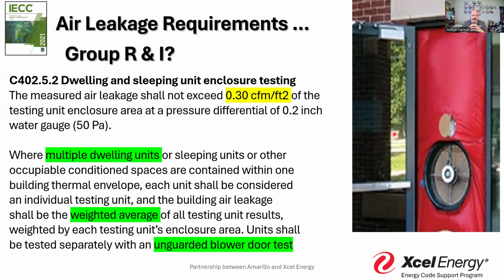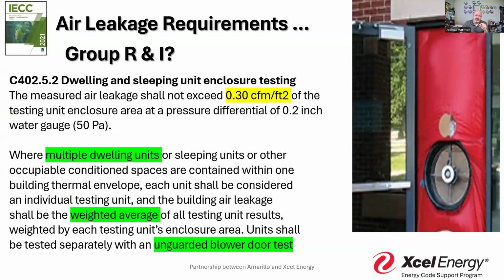And so they're going to have a little bit higher value, which means a little bit less control over air leakage, right? Because they're going to be following the commercial provisions at 0.30 CFM per square foot, versus the 0.28, which is what we were getting for 3 air changes per hour. That's the equivalency between the two.